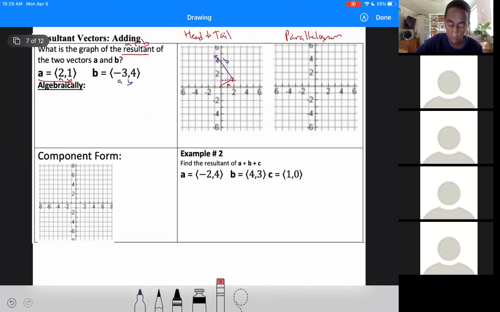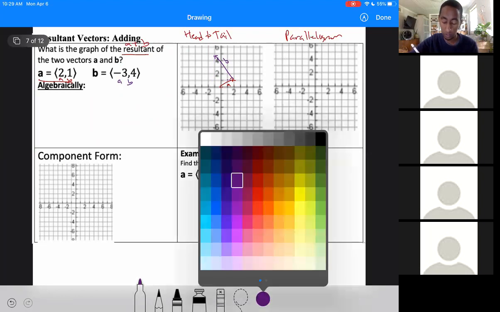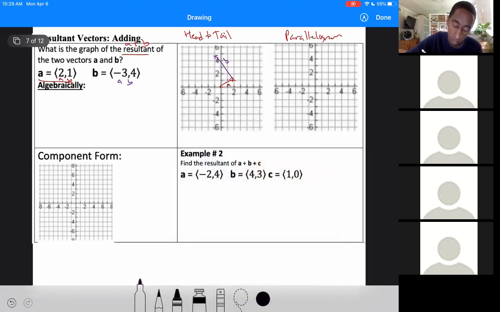Okay. So we started with a, we drew a from the origin, then we drew b from the end of vector a, and the resultant vector a plus b is when you start from the beginning of a and you go to where b ended. That is our resultant vector a plus b.